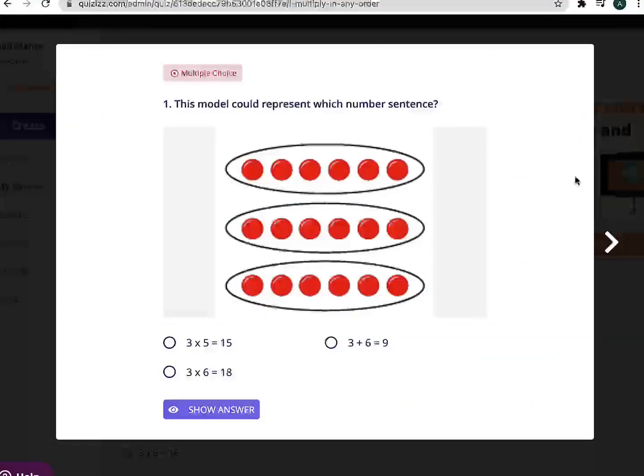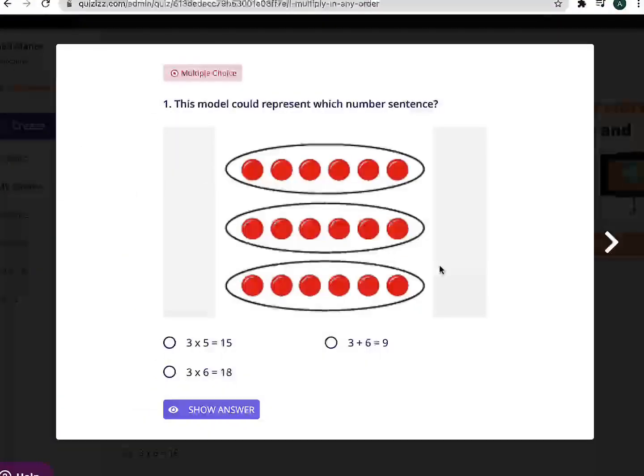Okay, my heroes, now let's start solving. Hassan Ali Sam. Three rows. So, which one is the correct choice? Excellent. This is 3 times 6 equals 18. Thank you, my hero. Great work.